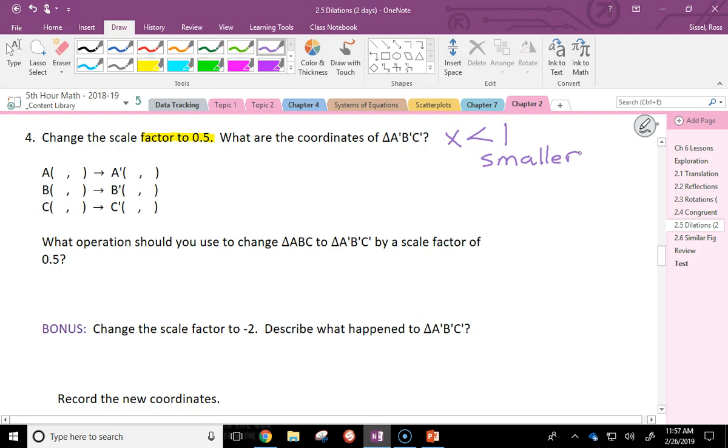If our scale unit, our base is 1, that's where we start off at. Anything less than 1 is going to make it smaller. Now, remember, multiplying by 0.5 is the same as multiplying by 1/2. It's also the same as dividing by 2.